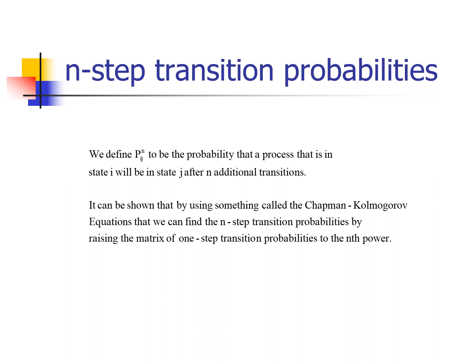Now, where do we go from here? Well, there's something called n-step transition probabilities. If we define P_ij to the power n to be the probability that a process that is in state i today will be in state j after n time periods or n transitions.